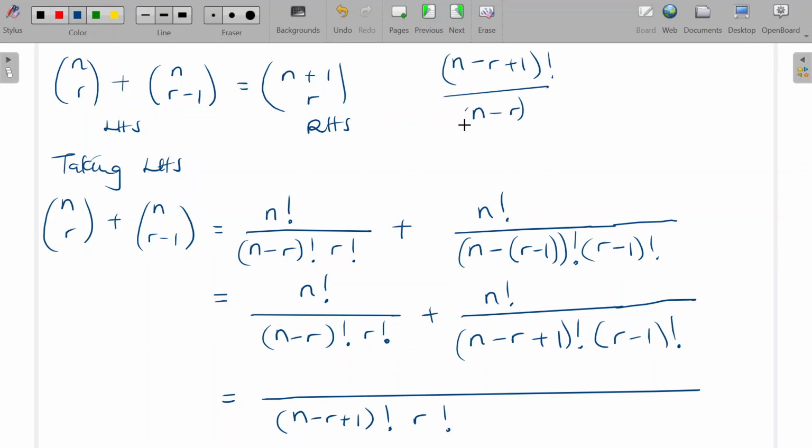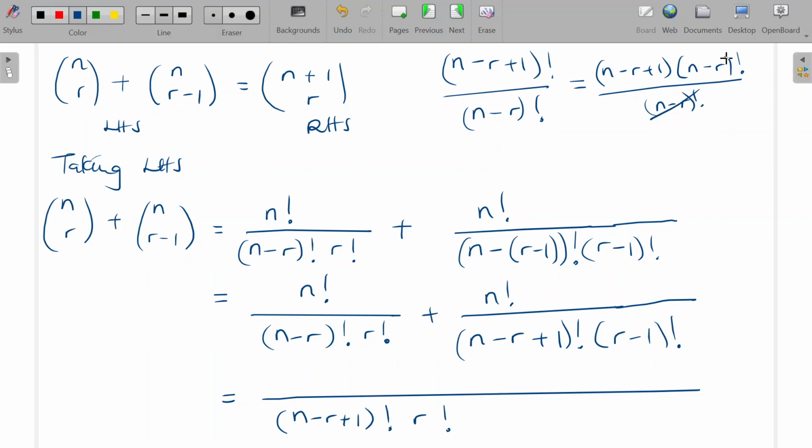Factorial. So the one on top is big. This one I can write as n minus r plus 1, then the next one will be n minus r factorial, because I'll subtract by 1, over n minus r factorial.